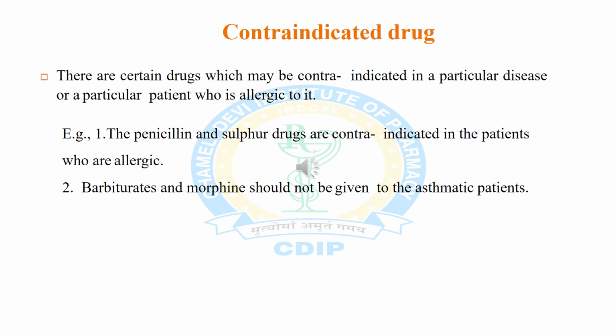The next example is barbiturates and morphine, which should not be given to asthmatic patients. Similarly, some vasoconstrictor drugs are contraindicated in hypertensive patients.